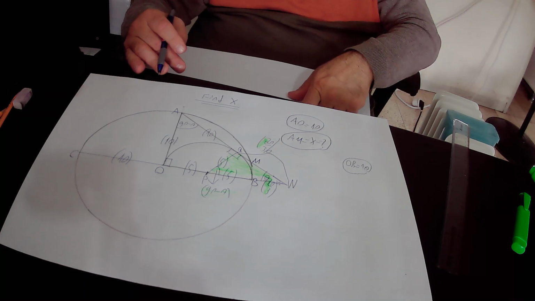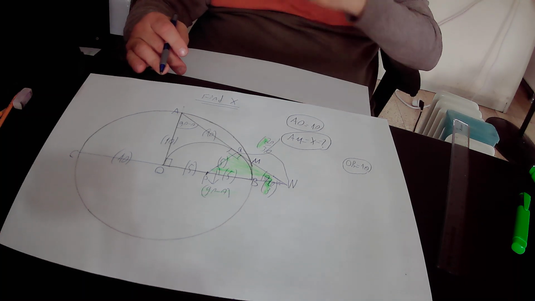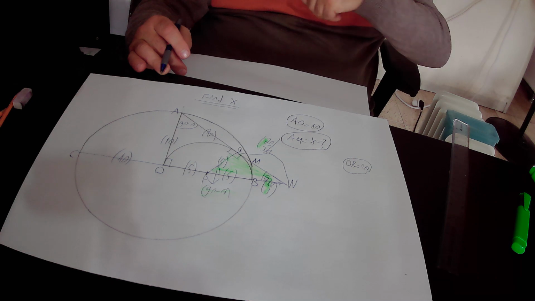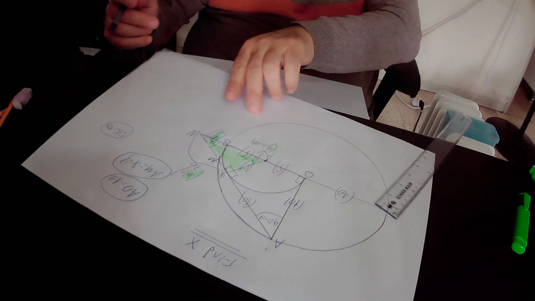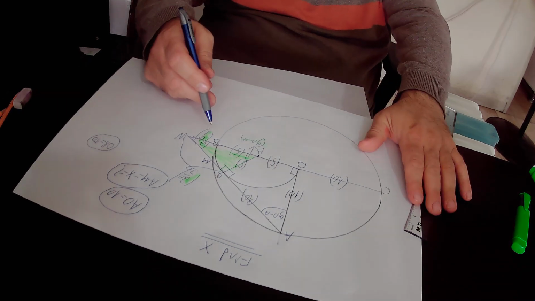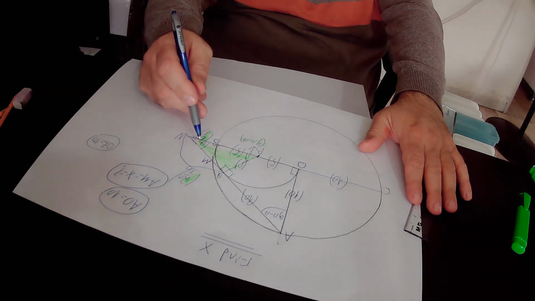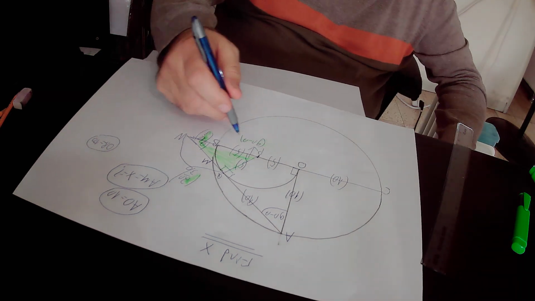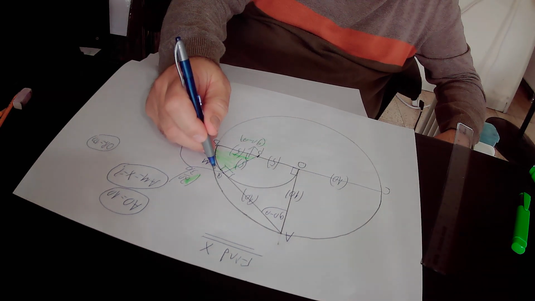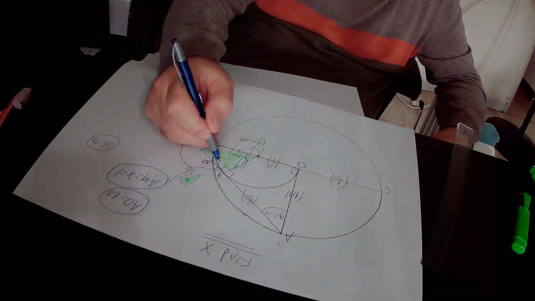But before we continue with rule number 14, we will define line segment QM as A. Line segment QM equals A according to our definition.